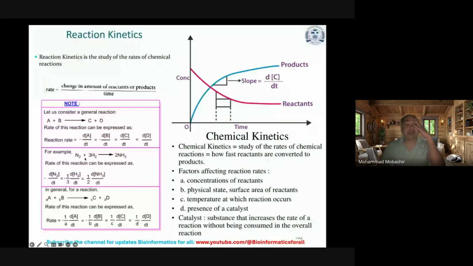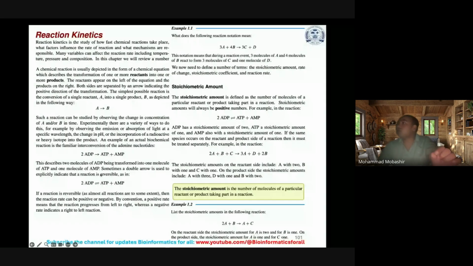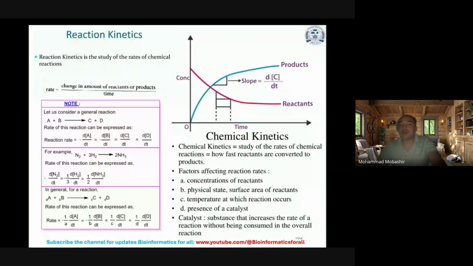And then what is formed? 2NH3. 2 molecules of ammonia are formed. So 1 by 2 into dNH3 upon dt. So this is how you can write the chemical reaction. You need to remember, for the reactants you will be using the minus symbol, and for the product there will be no minus symbol, only positive, because it is produced.